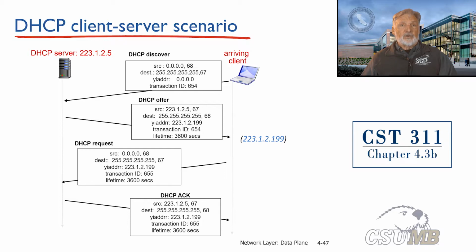The DHCP server updates its address database and updates any other DHCP servers. Once the client receives the DHCP ACK message, the interaction is complete and the client can use the DHCP assigned IP address for the duration of the lease.